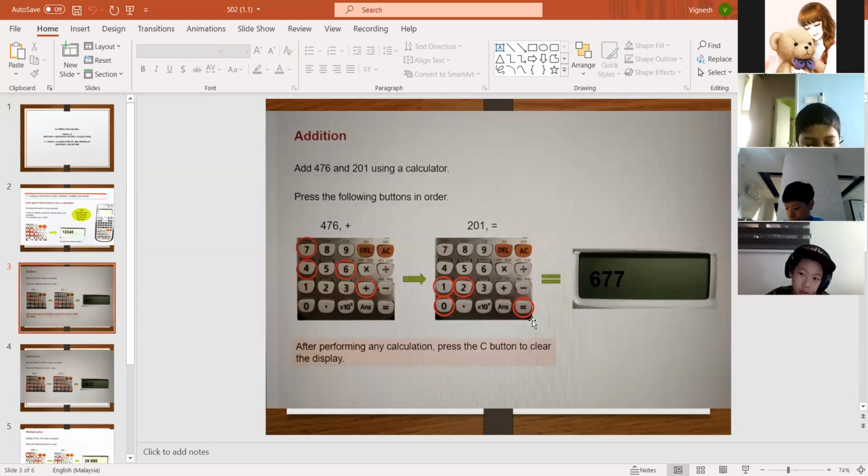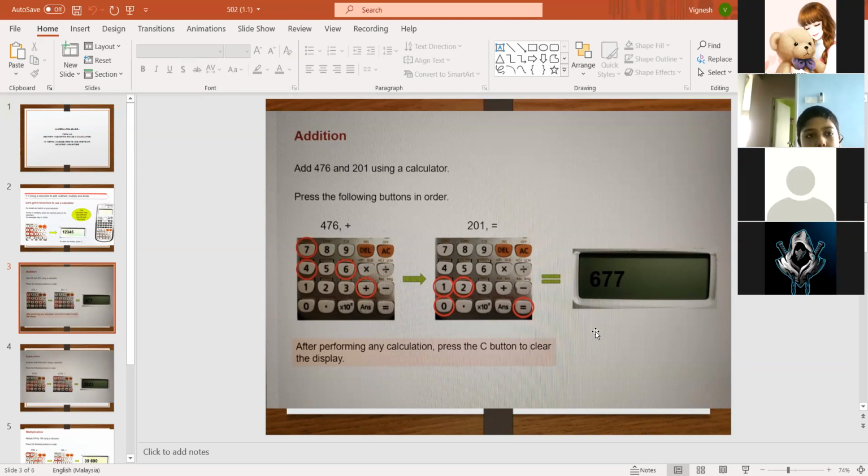So 476 plus 201, press the equal button. What is your answer? You are supposed to get 677. How to read the number? 677. Okay, very good.